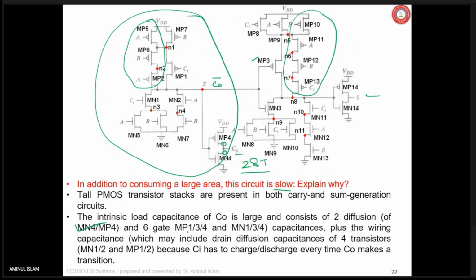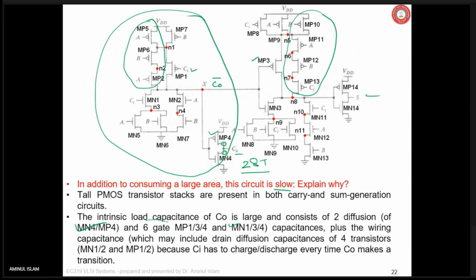6 gate capacitance, that is COX. MP1, 3. MP1 means this one, 3 and 4. MP4. Where is MP4? This one. This 3 COX will be there and 3 COX of NMOSFET 1, 3 and 4.